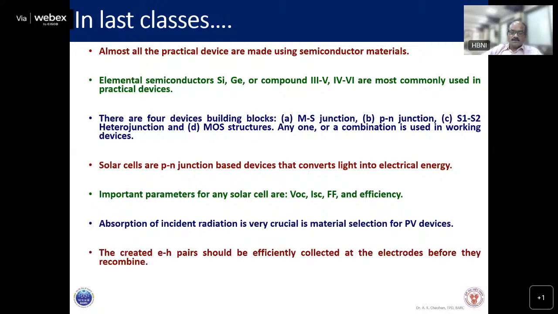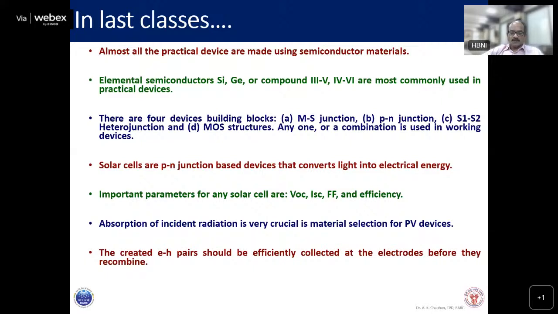Then absorption of incident radiation is very crucial and is very important to select the materials for a photovoltaic device, where they absorb the majority of the radiation. After absorption, electron hole pairs are created, and these should be efficiently transported and collected at the electrodes.